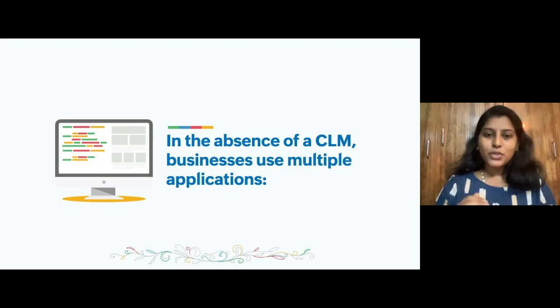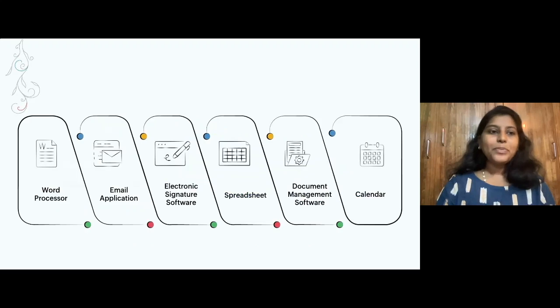In the absence of a CLM system, businesses tend to toggle between multiple applications to handle each of the contract lifecycle management stages. For example, they make use of a word processor for authoring a contract. To get it internally approved or to send it to their counterparty contacts for negotiation, they make use of an email application. And to get contracts executed or digitally signed, they rely on a third-party e-signature software.